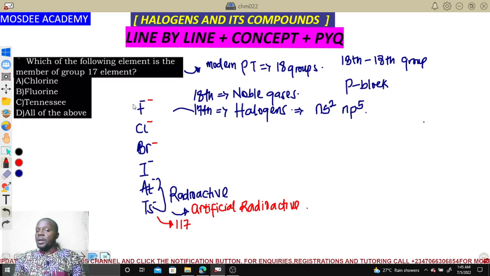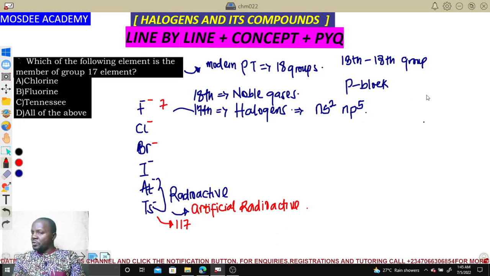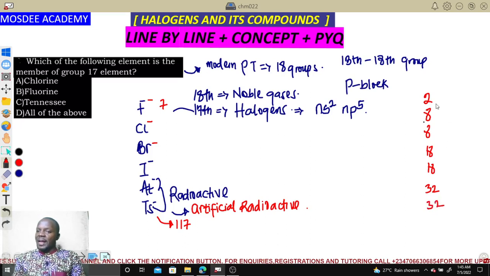Then the magic numbers we use for the periodic table, if you are hearing this for the first time, are 2, 8, 8, 18, 18, 32, 32. This is like a magic number of elements in each period.